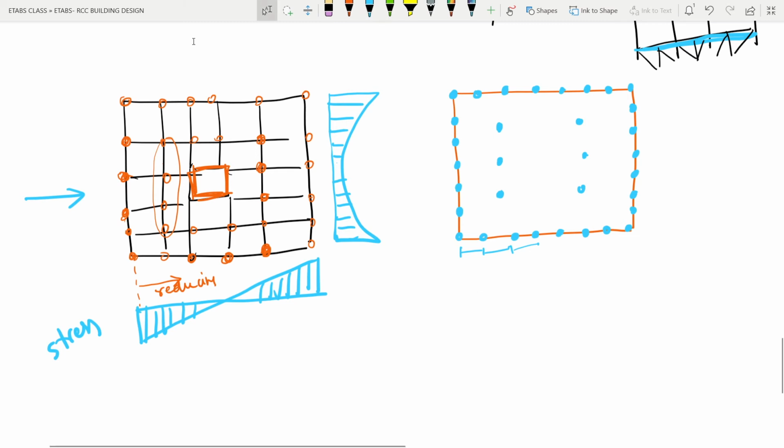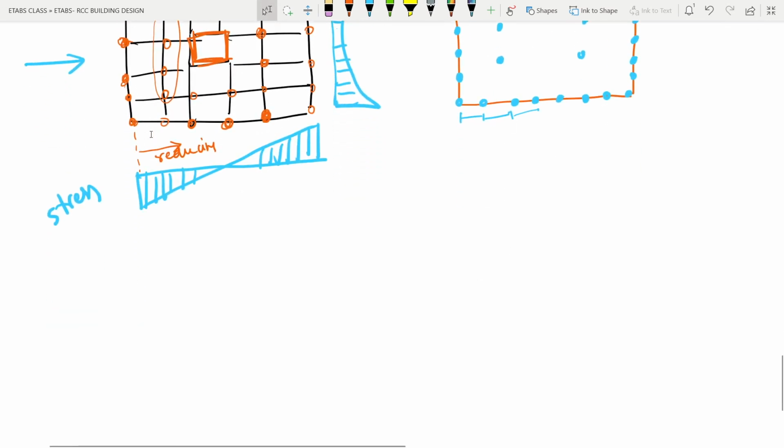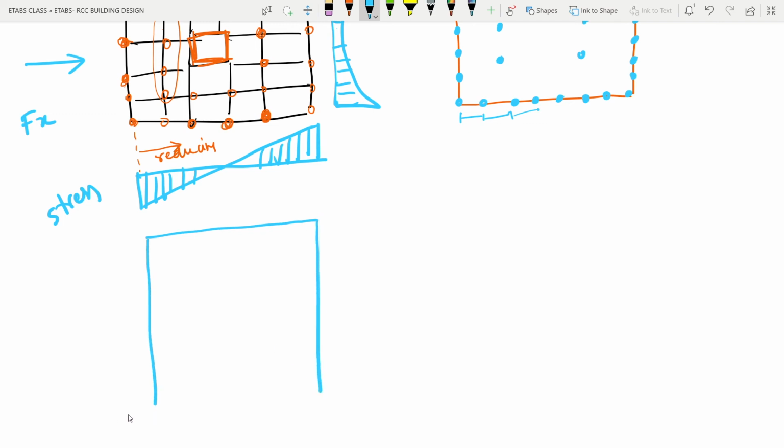Now let us understand one thing. I am considering the Fx force only. So if I draw the elevation of this particular building, and if I talk about this frame, suppose frame number 1, this column and this column will be creating the frame here.